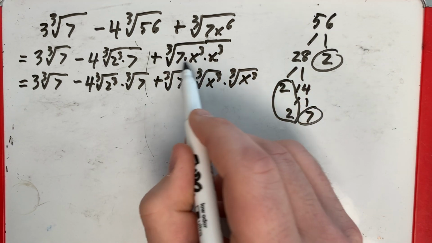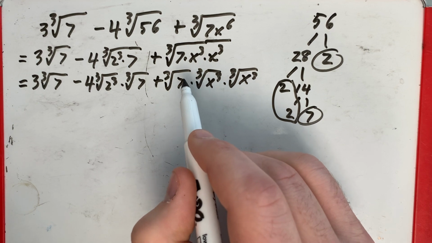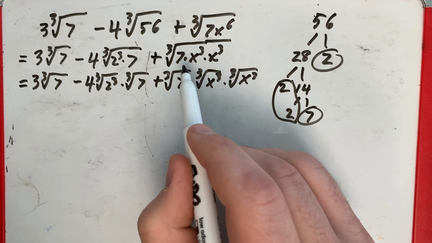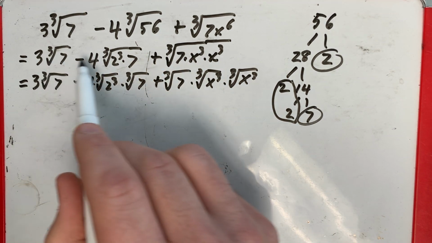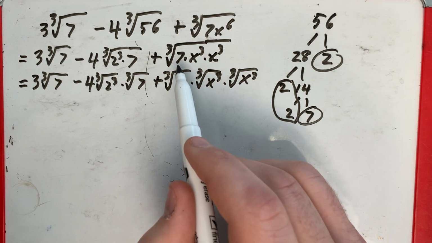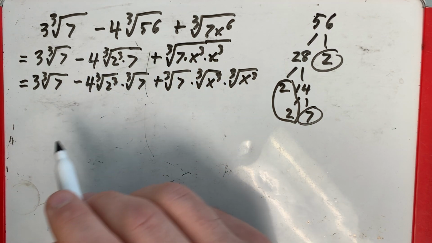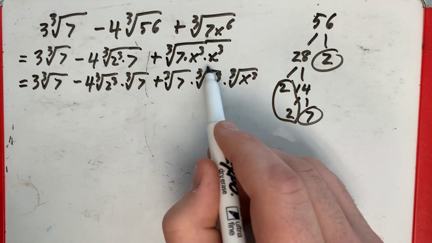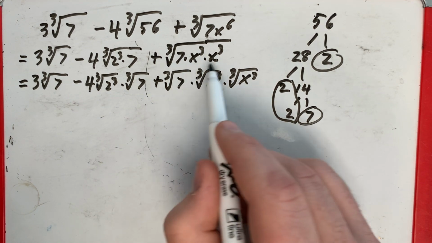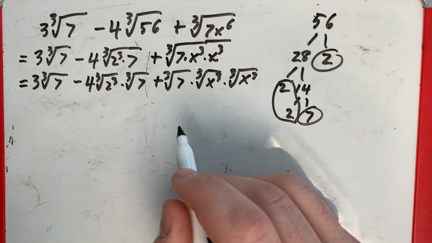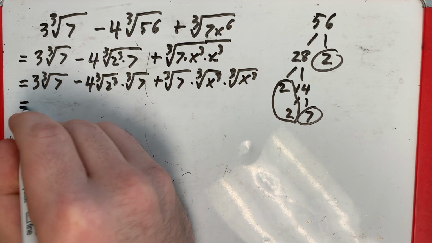So all I did was break this apart over the product. As mentioned before, you cannot turn this into one giant radical because that's just not how radicals work. You can't do that over sums and differences. So the best bet that we can do is break things up over the product. That's all we did. Okay?